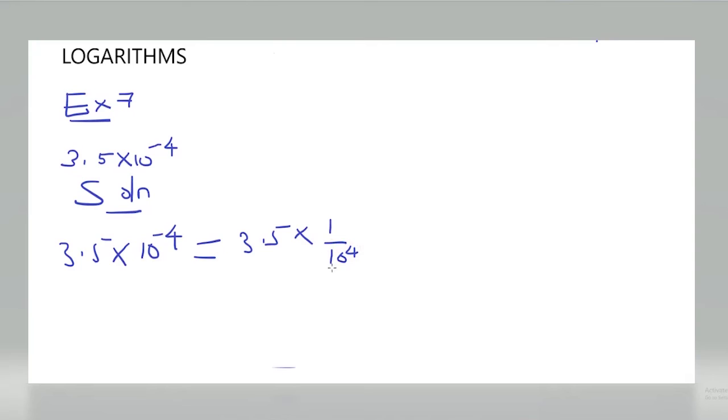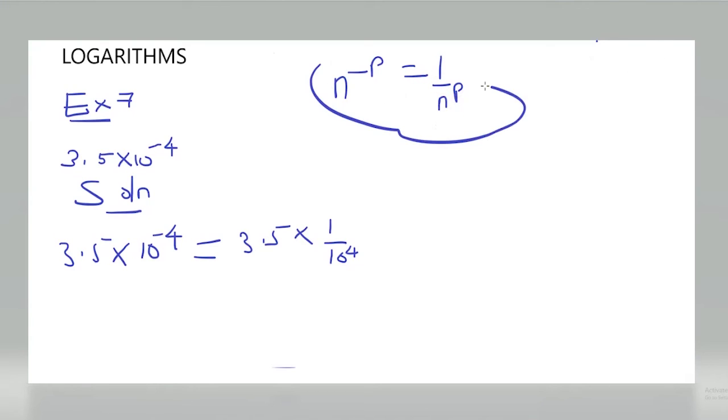If you have not understood this, please refer to my previous session on exponents, because the law of exponents, if you remember, says that for any power negative p, it becomes 1 over the number to the power positive p.